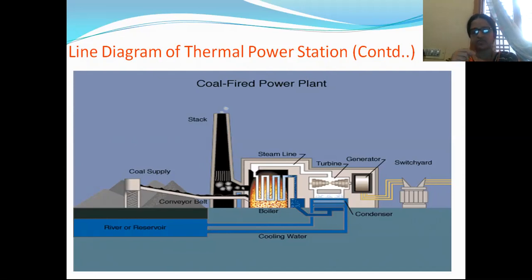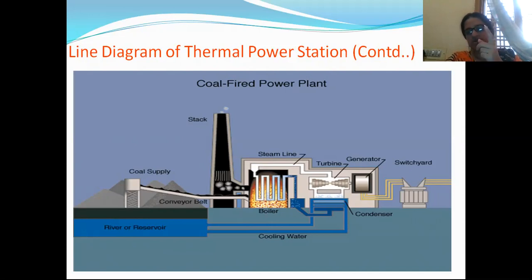The blades of the turbine rotate based on the pressure of the steam applied. As the blades rotate, you get mechanical energy as output. This mechanical energy is given to the generator.